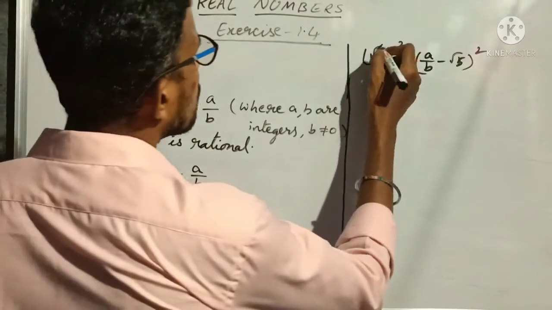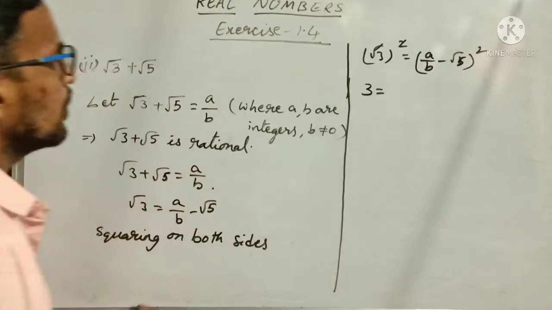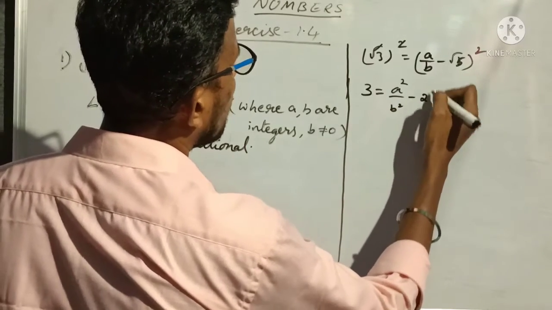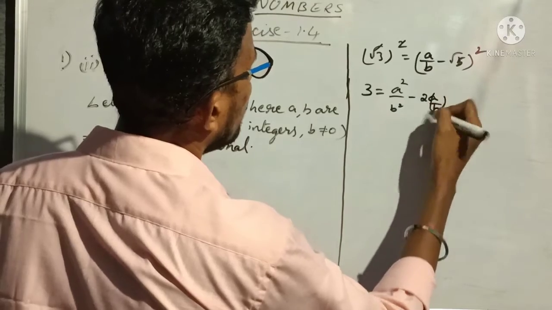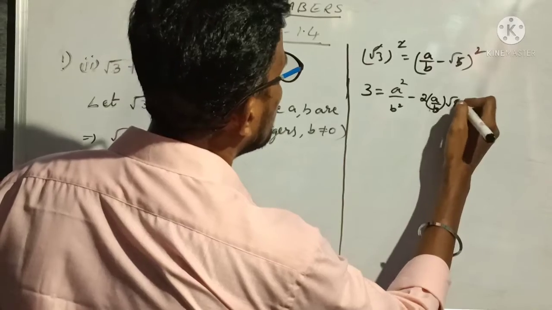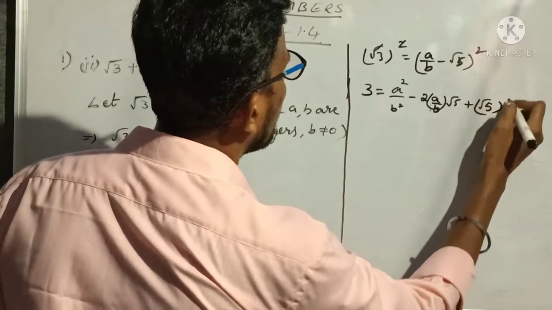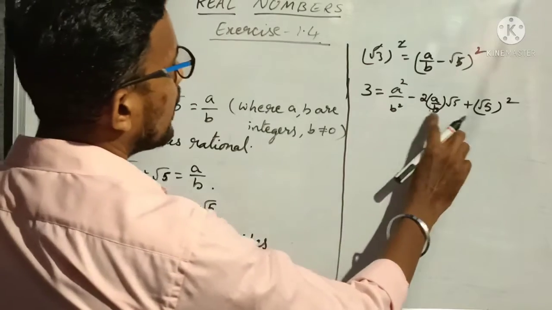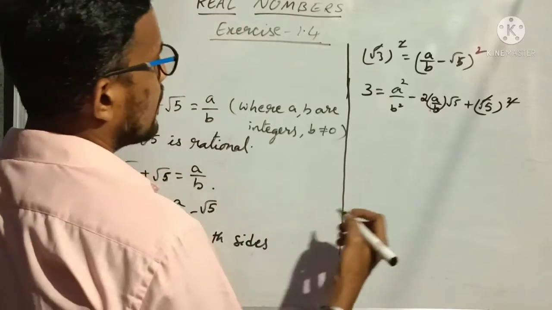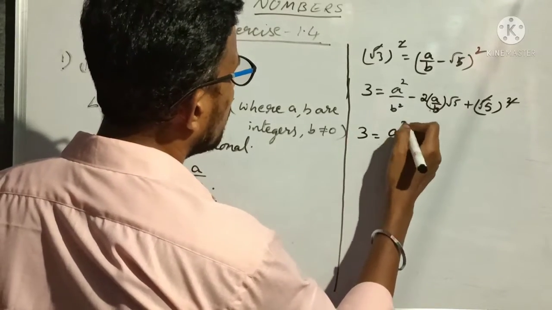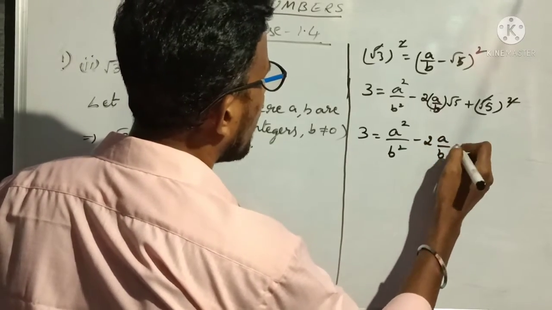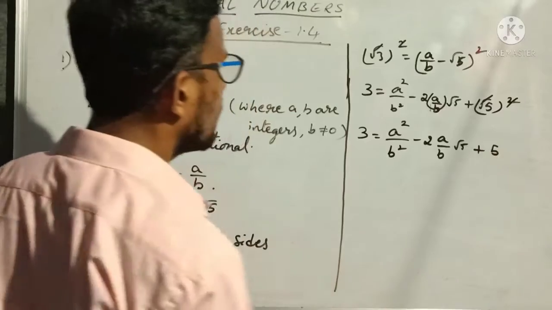Here the square root gets cancelled: 3 is equal to a by b whole square, that is a square by b square, minus 2 into a by b into root 5, plus root 5 whole square. That is a square minus 2ab plus b square, a minus b whole square. Here also the square root gets cancelled, so 3 is equal to a square by b square minus 2 times a by b into root 5 plus 5.